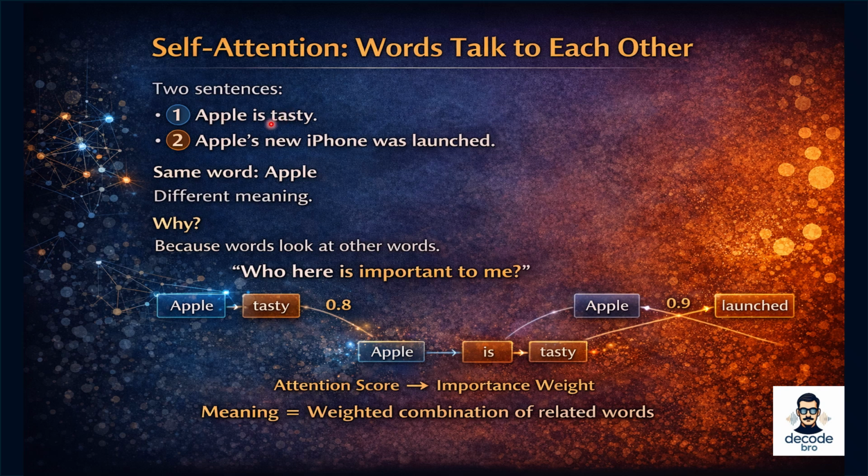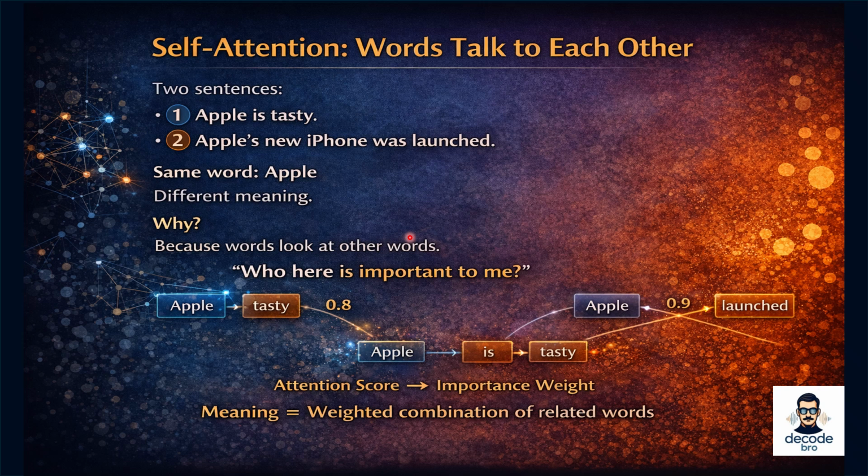In Apple's new iPhone, Apple pays more attention to iPhone. Meaning is not fixed inside a word, meaning is calculated based on relationships. That dynamic relationship building process is called self-attention. And that's how transformers understand context.